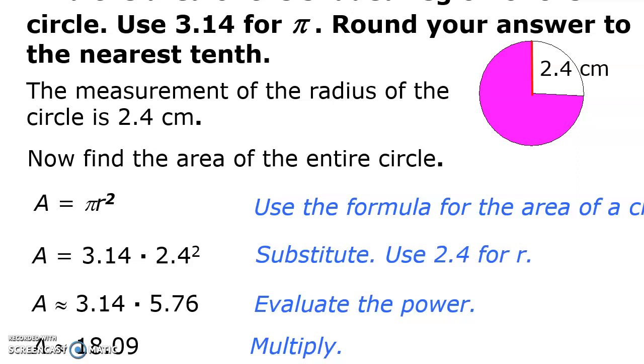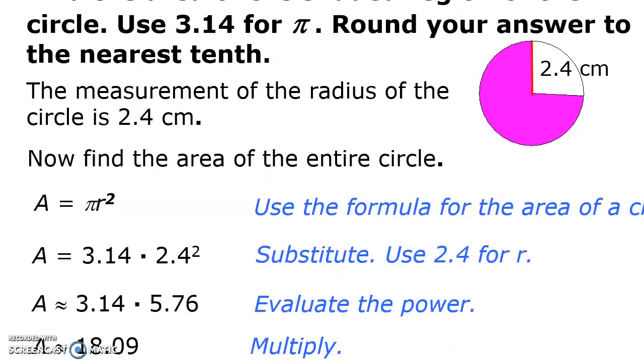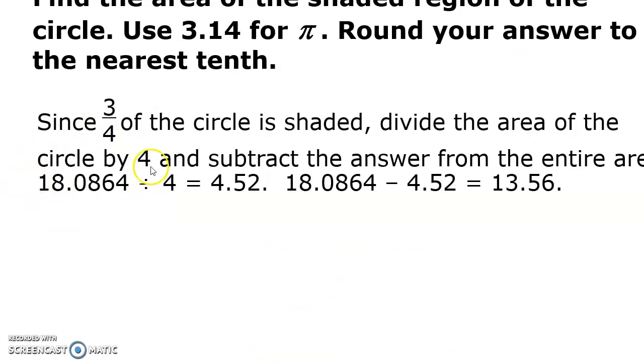Okay, so what we're going to do, this gets a little tricky, is divide the 18.09 by 4. They have it before they rounded it, I'm not sure why they go back and forth. But we have the whole area of the circle, we're going to divide it by 4, and we get 4.52.